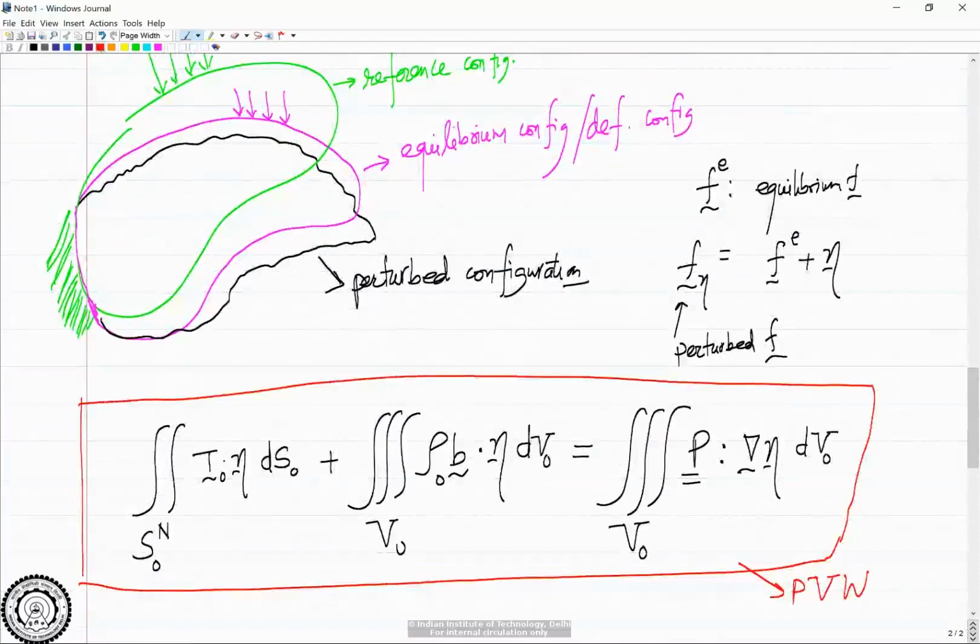You might be wondering why I call it virtual work. So can you now, Pulkit, think of why we are calling it work first of all? Because it is something like force multiplied by displacement.